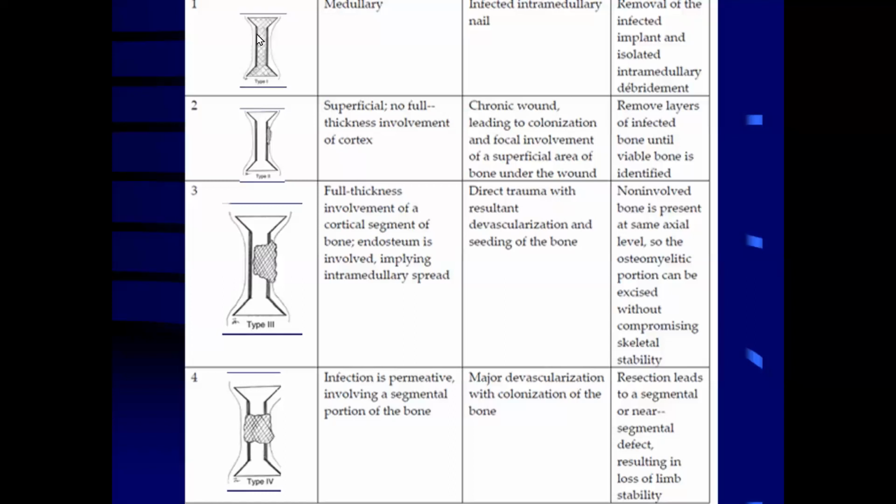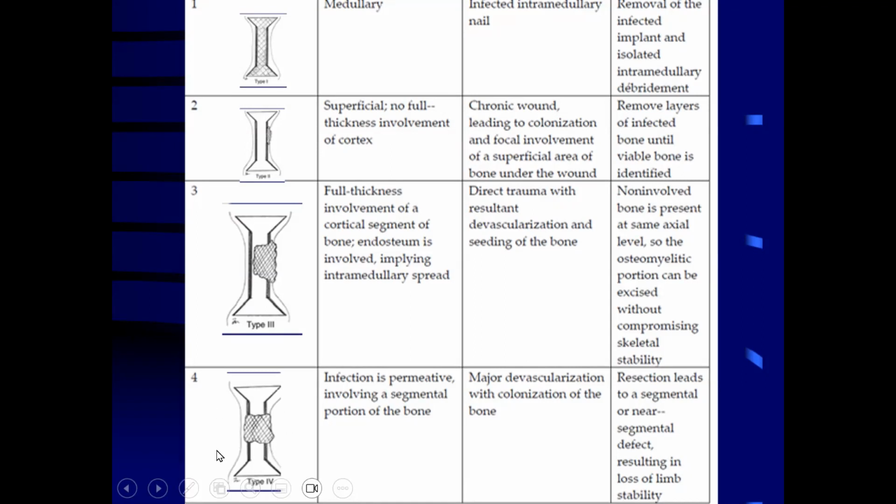The cortices are intact. The infection is present mainly in the medulla, but the cortices are intact. Type 2 is one which is subperiosteal, and a portion of the cortex is intact. Type 3 is partially eroded. And finally, type 4 is where the cortices on all sides are eroded.